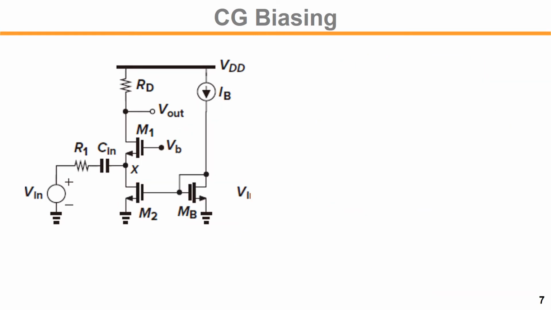Another way to bias the common gate is, instead of relying on the resistor, we use the current mirror shown in here, so that we can reliably replicate the current, and the voltage drop across the VDS shown in here can be maintained low regardless of the current level.